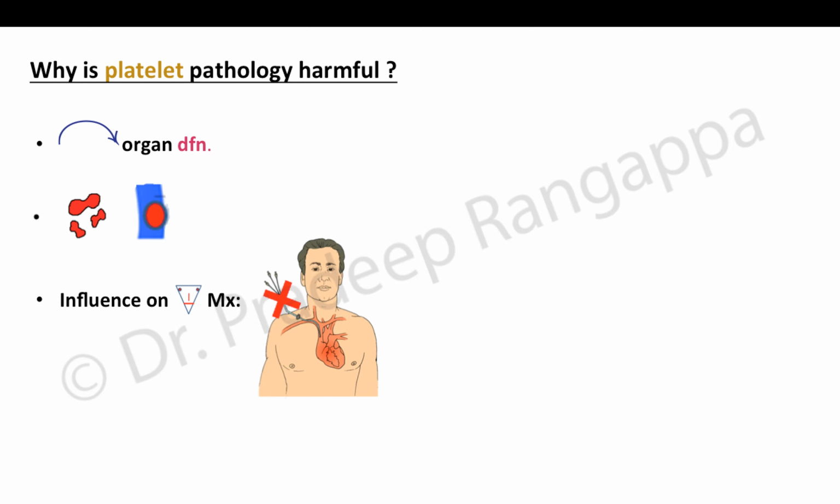So what essentially it means is when platelets are low, it can interfere with your therapeutic procedures like inserting a CVC or dialysis catheter or any other procedures that are typically done in ICU. And low platelets do mandate investigation, so one needs to investigate low platelet count.